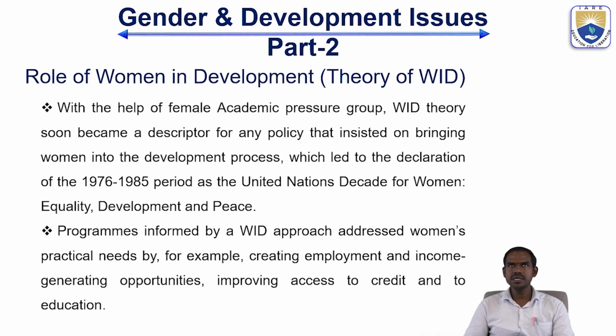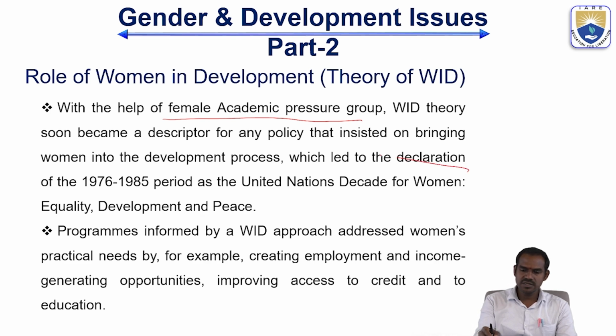And in continuation, with the help of the Female Academic Pressure Group, WID theory soon became a descriptor for any policy that insisted on bringing women into the development process, which led to the declaration of the 1976 to 1985 period as the United Nations Decade for Women.